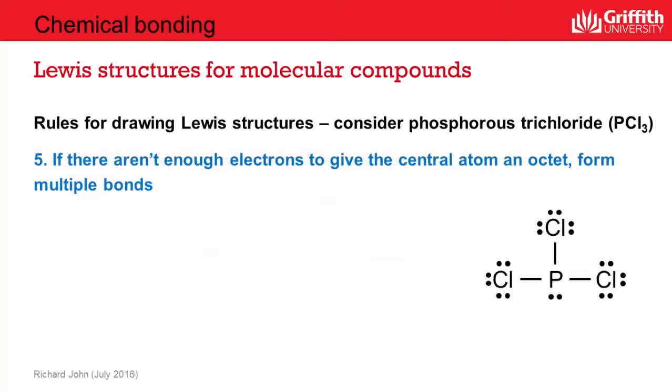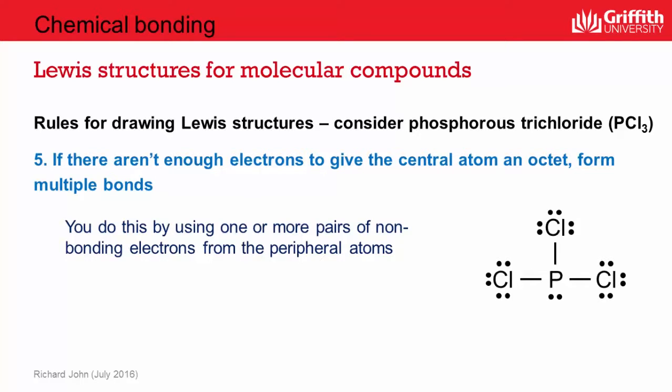Rule number 5: if there are not enough electrons to give the central atom an octet, we need to form multiple bonds. We do this by using 1 or more pairs of the non-bonding electrons from the peripheral atoms. But in this case, we can see that the central phosphorus atom does have 8 electrons surrounding it, 3 bonding pairs of electrons plus 1 non-bonding pair of electrons.